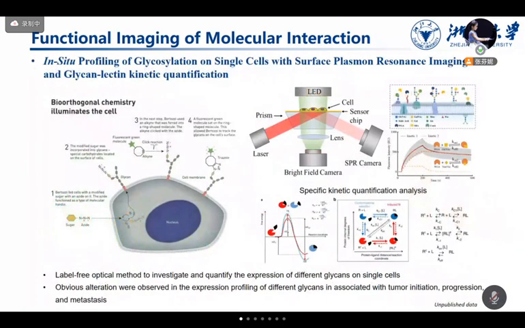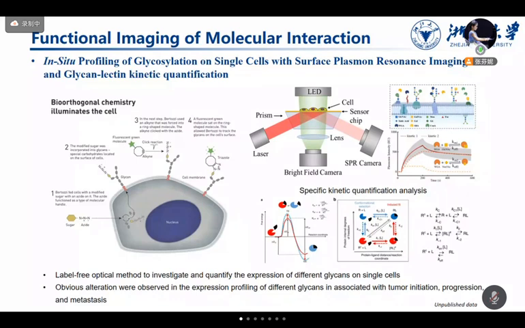So based on this capacity, we developed another application. We are trying to profile the glycoproteins on single cells because glycans are very important. From this one, we can see it's the Nobel Prize in 2023. It was given to the scientists who developed click chemistry to label the glycans on the cell surface, because glycans are very diverse structures and very hard to study.